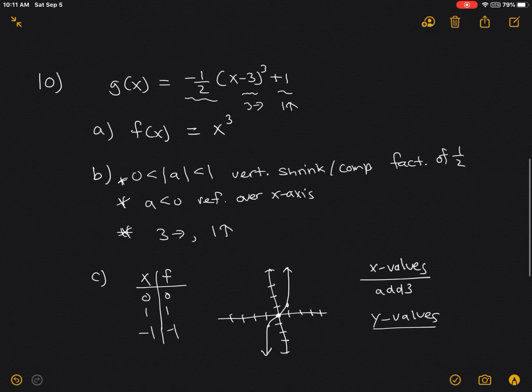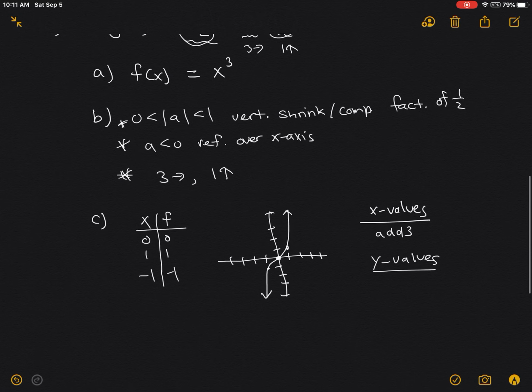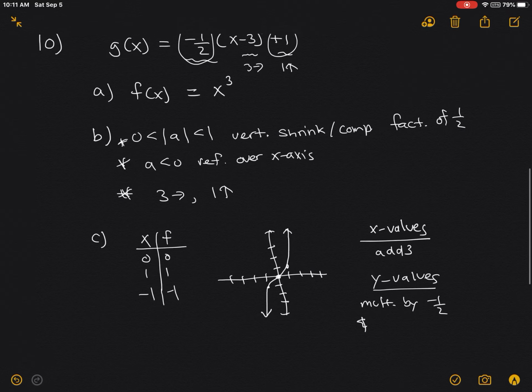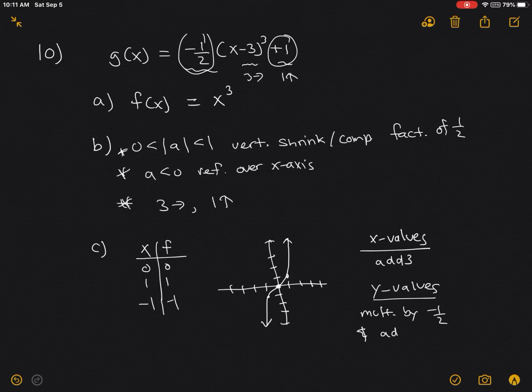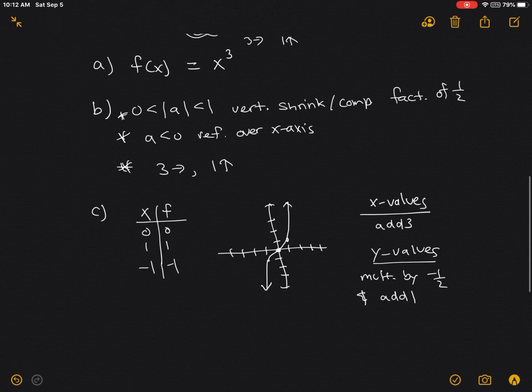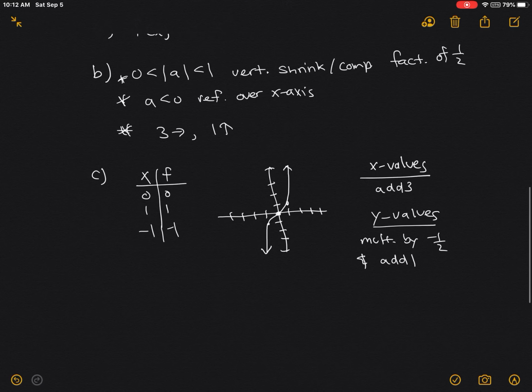Y values are impacted by what's on the outside. I have a negative 1/2 here. I have a plus 1 over here. So I'm going to multiply by negative 1/2, and then I'm going to add 1. Okay, so this problem is very, very similar to previous examples. And hopefully this stuff is starting to make sense.